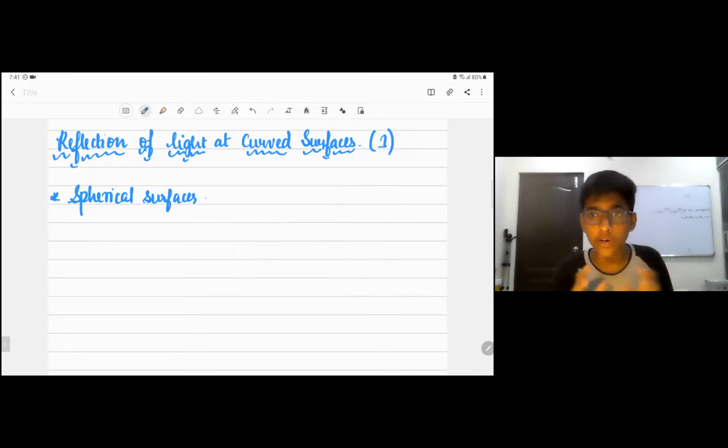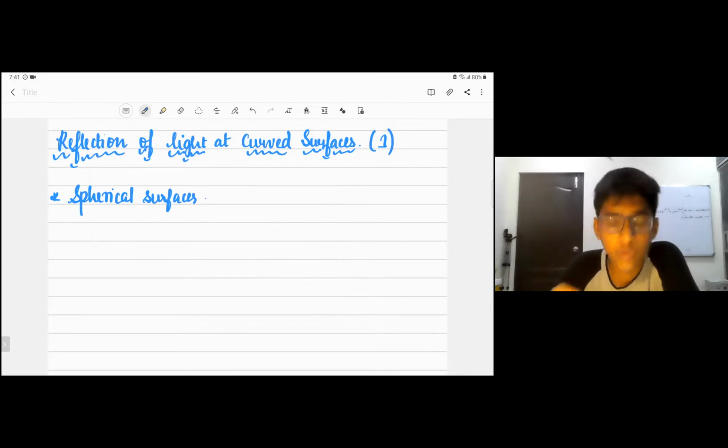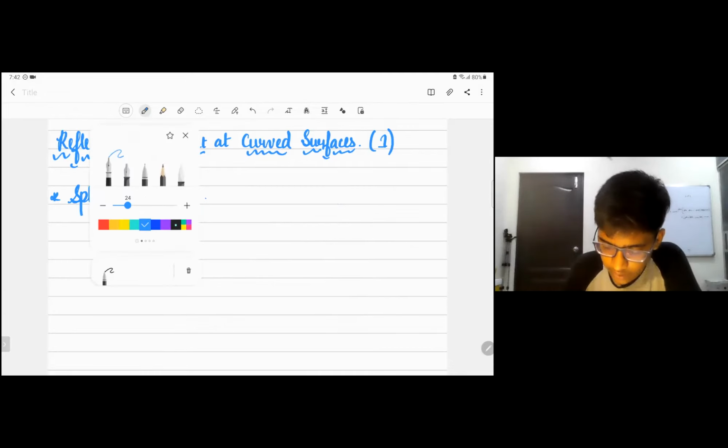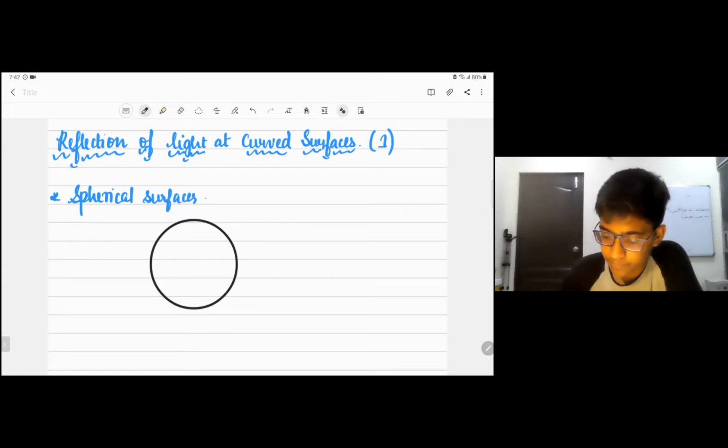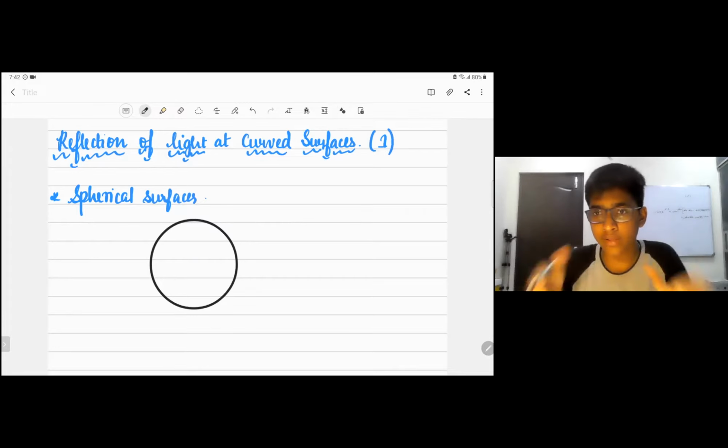You are going to take a sphere which is silvered outside. I am going to give you two cases. I am going to take a sphere which is silvered on the outer side. It is a hollow sphere, meaning there is nothing inside, like a gem's ball.